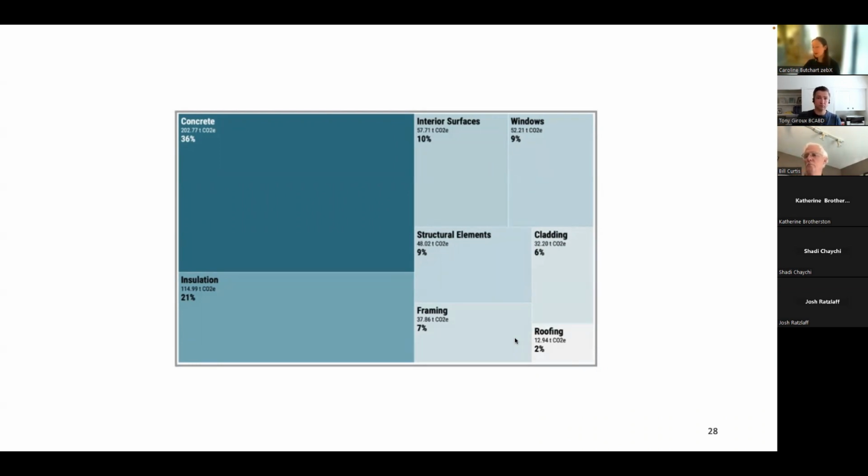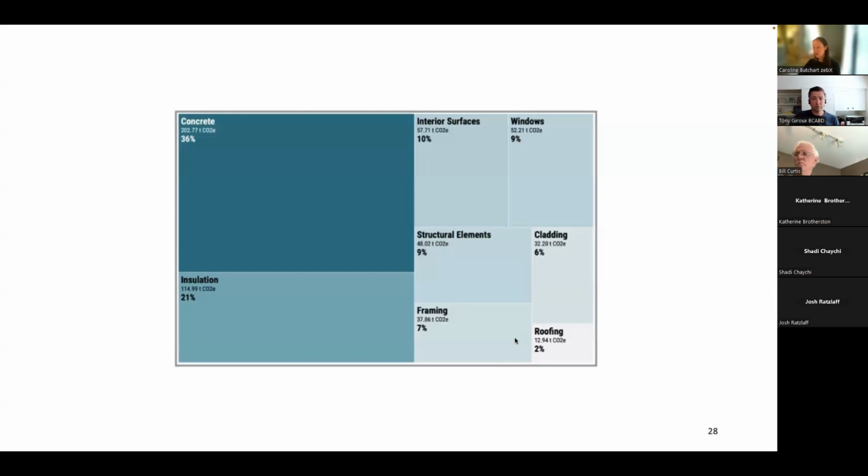They take the loads from the home and put them in the ground. Insulation, however, there's not too many ways that you can reduce the volume of insulation that you're using on the home without doing things like building a box instead of building a profiled building. So insulation, we know that the best way to reduce the embodied carbon associated with insulation is to choose a low carbon product.